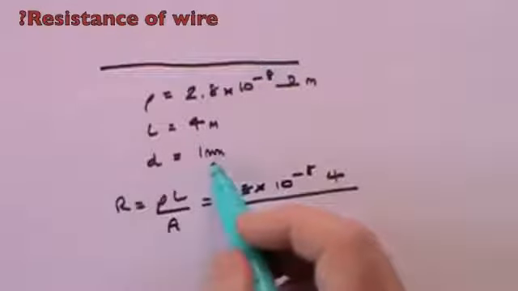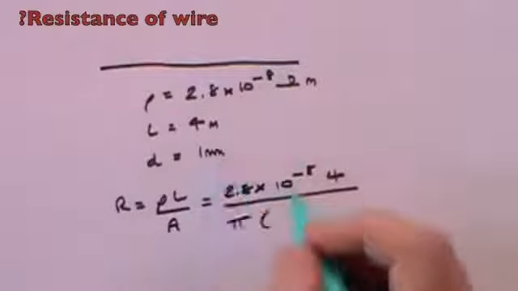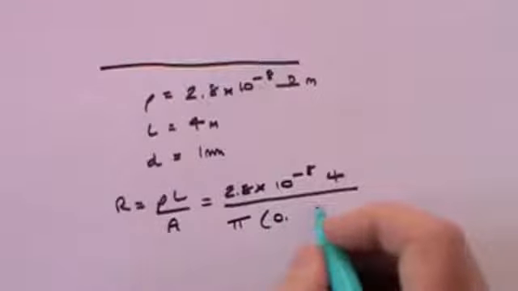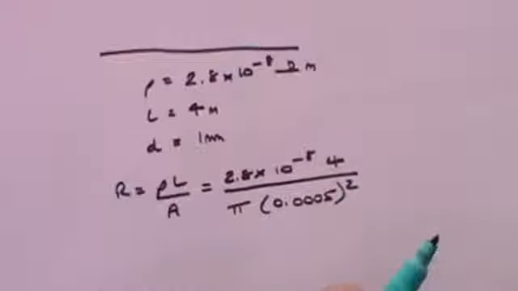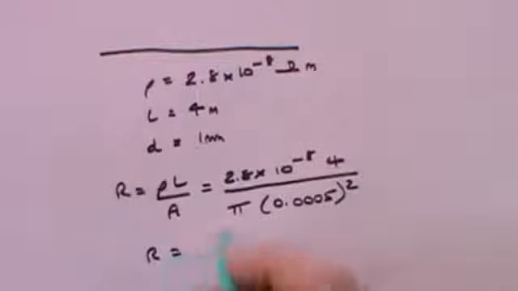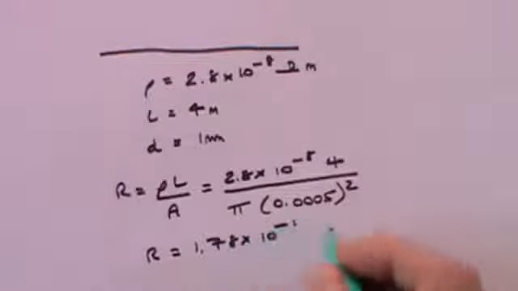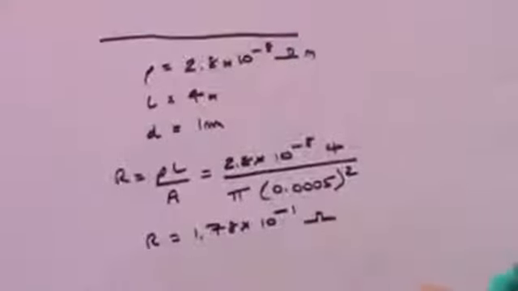Since the diameter is 1 millimeter, the radius R will be expressed in meters, 0.0005 meters, and that's squared. And that should give you a resistance of 1.78 times 10 to the minus 1 ohms.